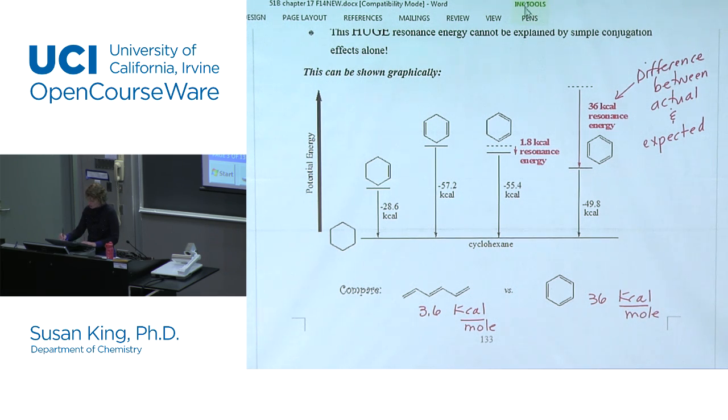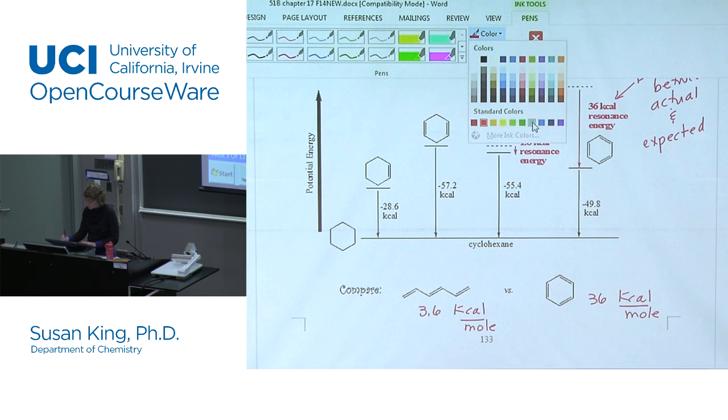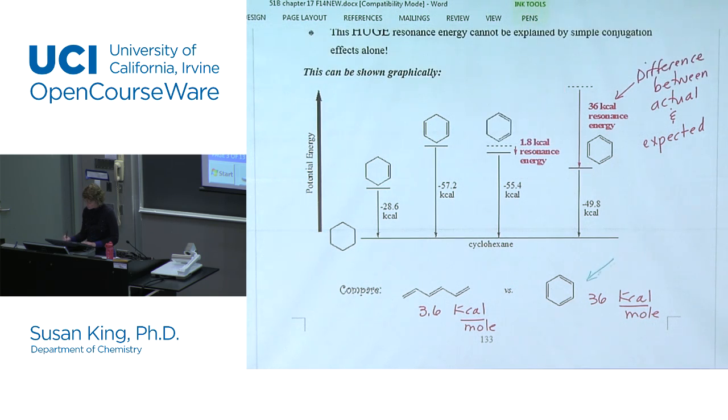So what we would call this is unusually stable. It's unusually stable, and we can't explain why it's so stable just using resonance. It's not an adequate explanation for the 36 kcals per mole. So are you impressed with the stability of benzene? If you weren't before, hopefully you are now.